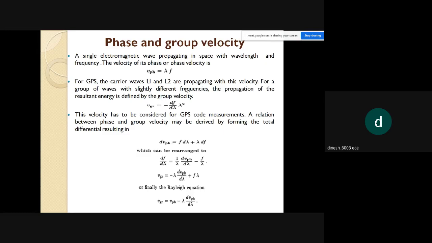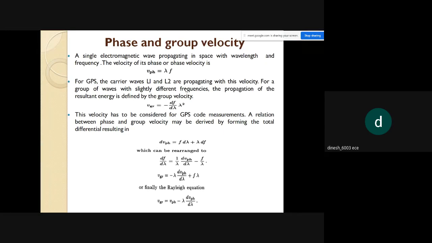So now, after differentiating, we rearrange this equation in terms of df by d lambda. When we do that, we get 1 by lambda times dVPH divided by d lambda minus f by lambda.